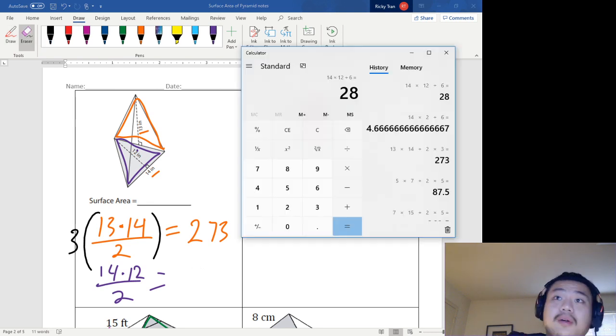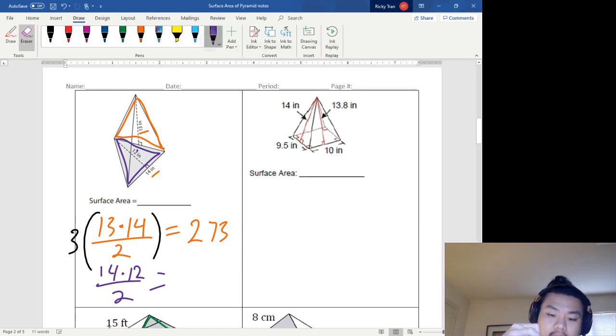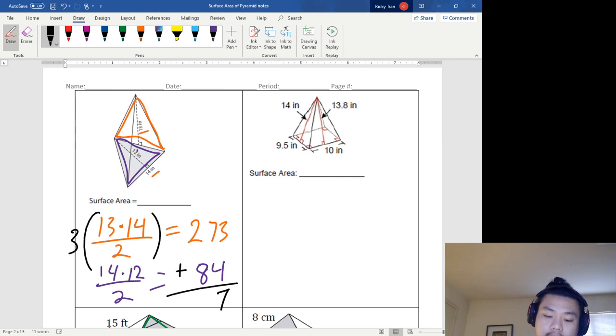That doesn't sound right. Wait a minute. Okay. 14 times 12 divided by 2. There it is. Okay, that looks better. 84. Okay. And then we add our areas together. 7, 5, 3. So 357 inches squared. All right.